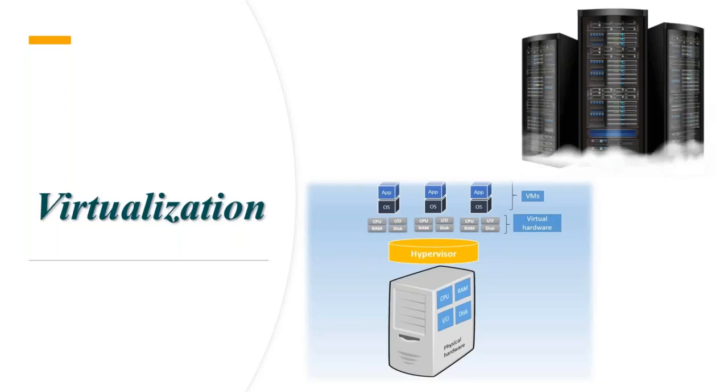On top of each virtual machine, you can choose your own operating system. On top of this physical hardware, you use a hypervisor with the help of VMware or Oracle VirtualBox, and with the hypervisor you can create multiple virtual machines.